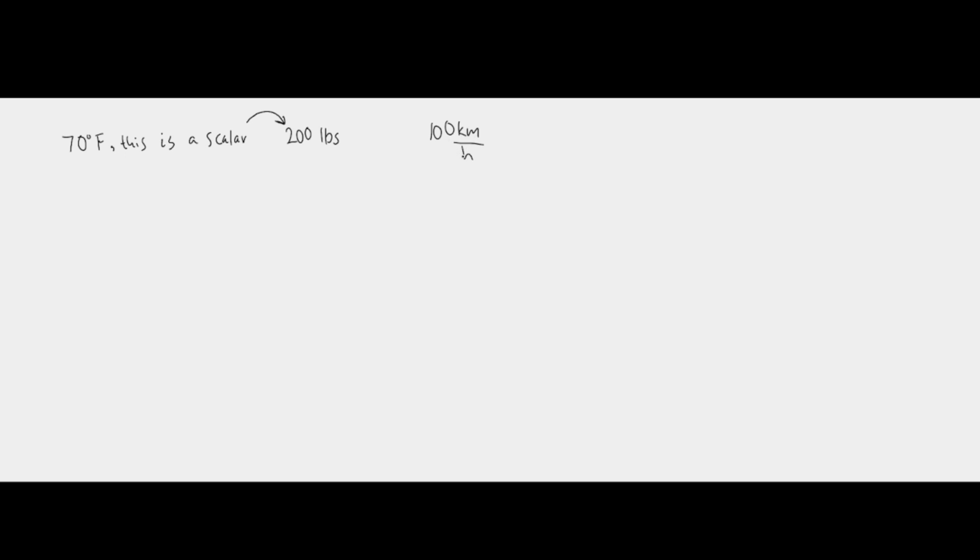This is a speed as it's written. Notice there's no direction, but I can make this a velocity by attaching a direction. I could say east. Now this is a vector quantity. So again, the difference between the speed and the velocity is just that I've added this direction.